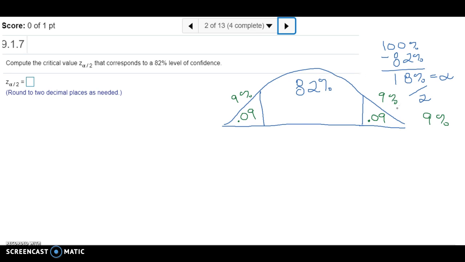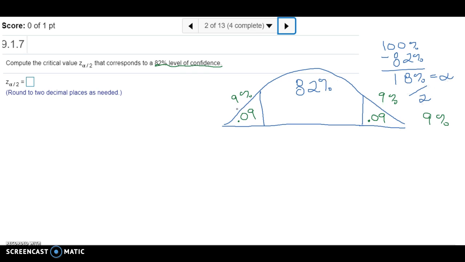All together, that's 100%. So anytime it gives you a level of confidence, that defaults to the middle of the curve. And so you take what's called the leftover, whatever's left from 100% or 1, whichever way you want to think about that. That leftover, we call it alpha, and we always divide it by 2.